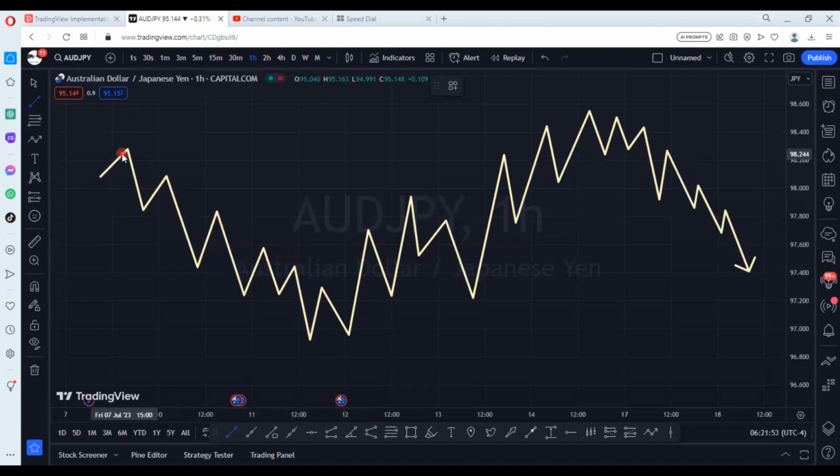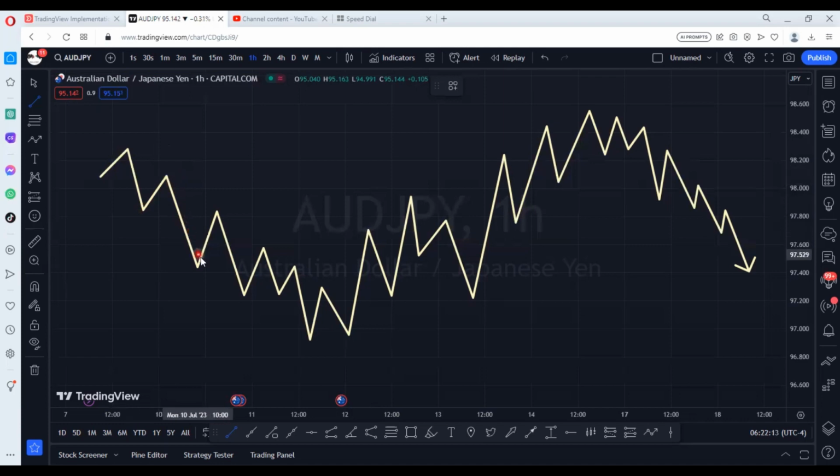Remember, watch these structures. You see that the moves always take out the previous low. The move downwards always takes out the previous low, and when it comes up, it does not take out the previous high. You must take note of these two: the previous low and the previous high.